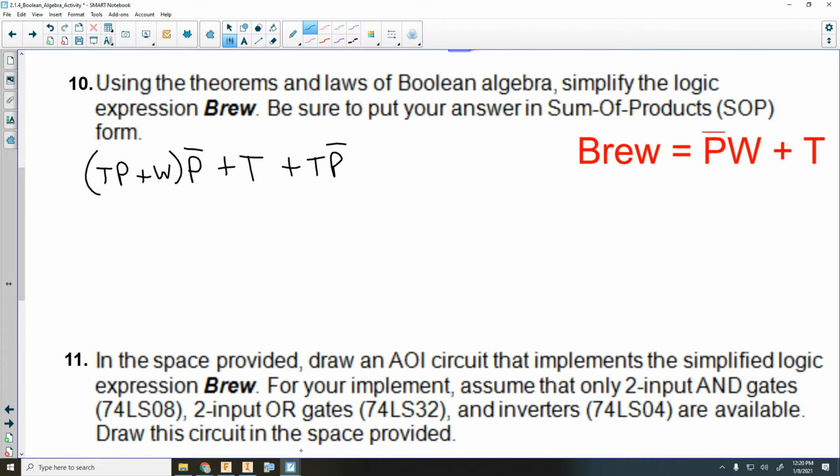Okay, so what do we need to do with that? Now we've got to simplify that. So hopefully at this point you're getting a little more comfortable with Boolean algebra.